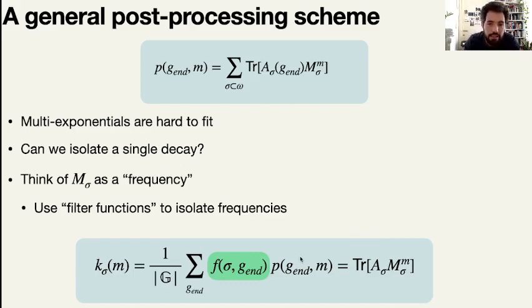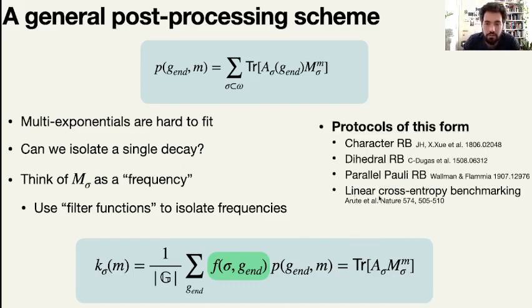And this is a very broad idea. There's lots of people that have done a version of this, without being so explicit about the group algebra picture, to isolate single exponentials. Most notably here, and I think unexpectedly, is that linear cross entropy benchmarking, which the Google team used to benchmark their supremacy experiment, is really an example of standard randomized benchmarking with a signal processing based post-processing step.